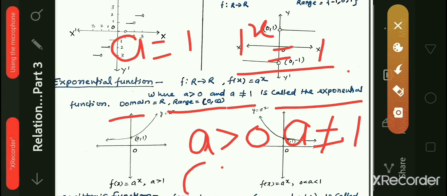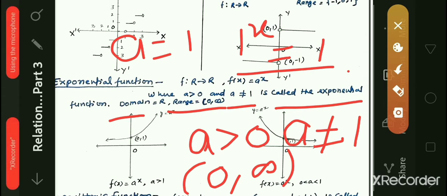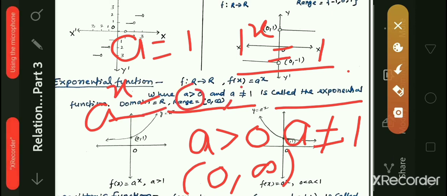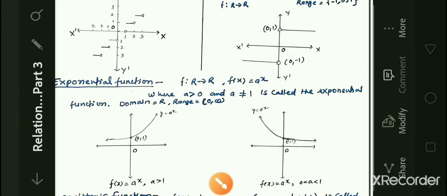Here range will be (0, infinity), meaning 0 will not be included in the range, meaning we can never get a to the power x equal to 0 for any real number x. For no real x will this be 0. So we can never get 0 as a part of its range.